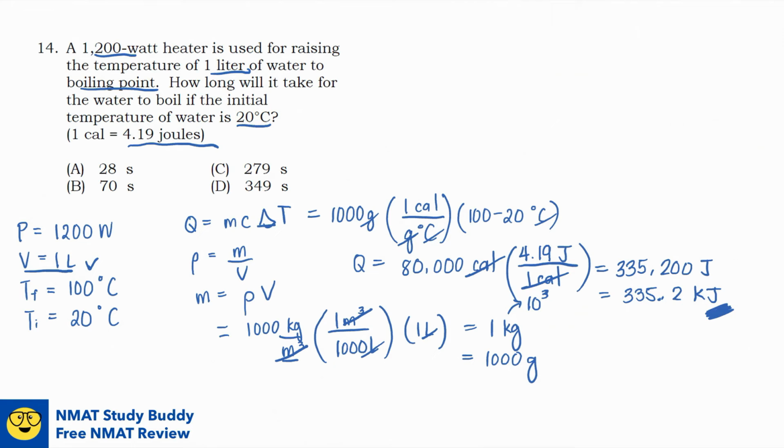Once na nakuha na natin yung heat na yan, equal din yan sa yung work. Diba, yung unit din ng work is joules. So, it can be used as work. Okay, so power is equal to work over time. Yan yung formula niya. So, kinukuha natin dito is yung time. So, time is equal to work over power. Yung work, isubstitute lang natin 335,200 joules over 1,200 watts.